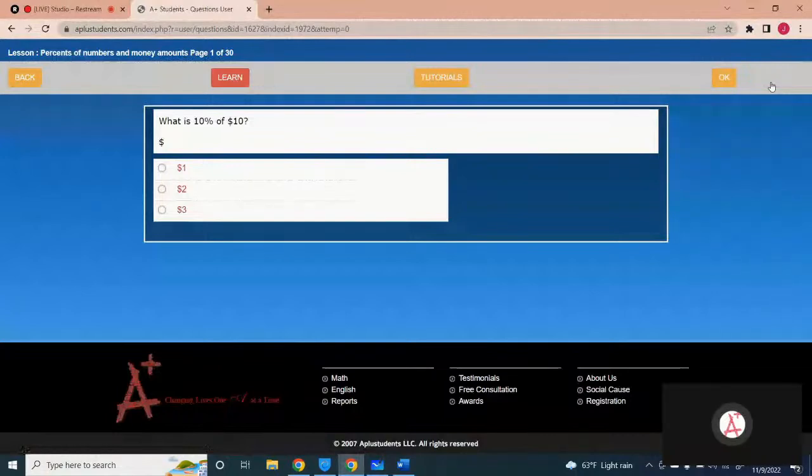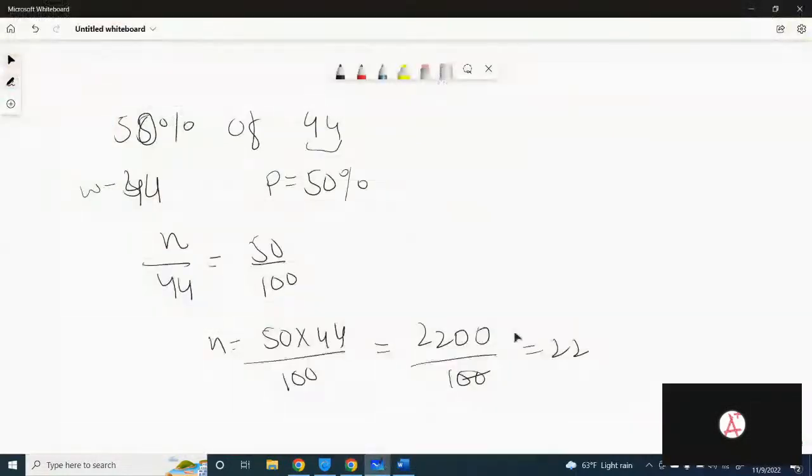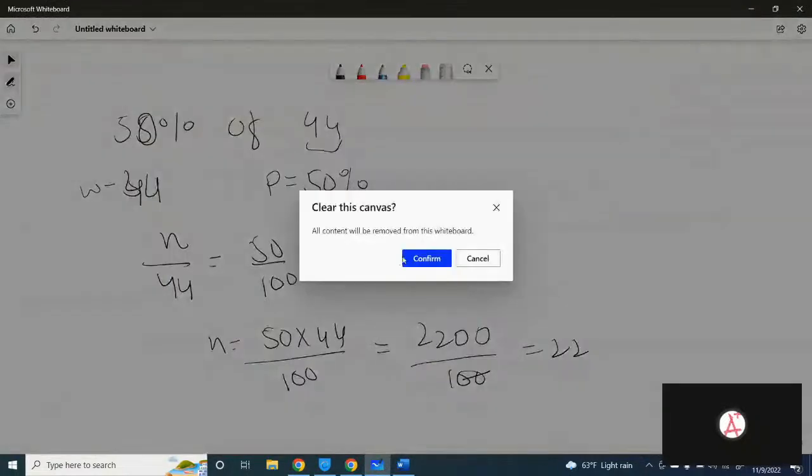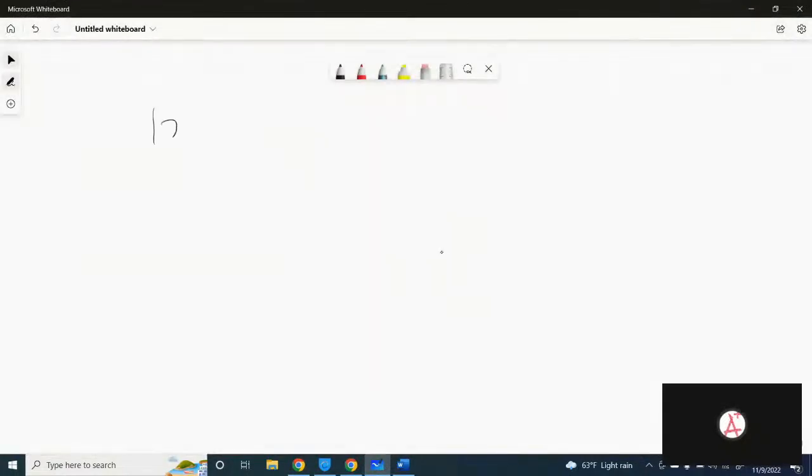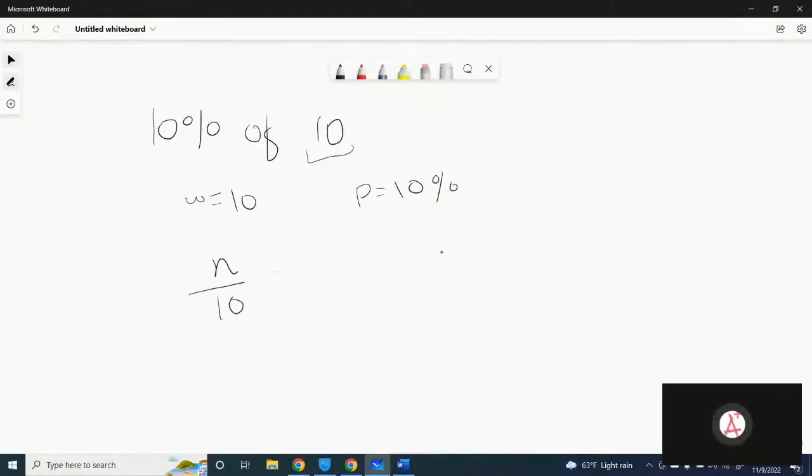Okay, what is 10% of 10? You have to calculate 10% of 10. Got it? This is the whole number. You have to calculate the part that is 10% of the number. It would be n divided by 10 equals 10 divided by 100.